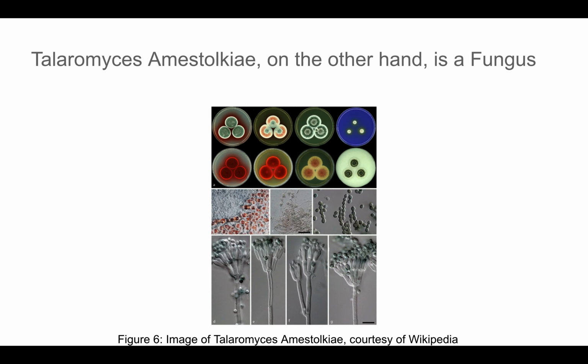On the other hand, we looked at the organism Talaromyces amestolkiae, which is a fungus, or TA, as we refer to it. This fungus is not as extreme. It lives more at room temperature, but the enzyme that it makes is able to conduct the process at a higher rate.